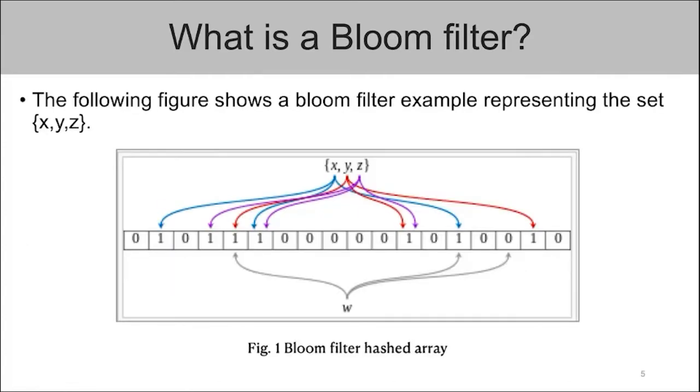Here we can see a Bloom filter example. For example, my document is a set containing X and Y and Z, and we can compute its hash table here. For example, I guess it's 18 bits.